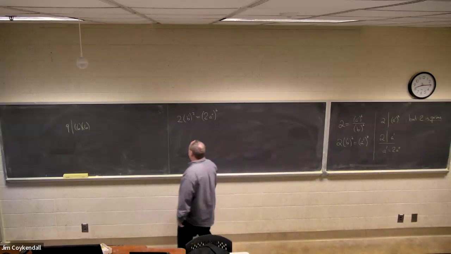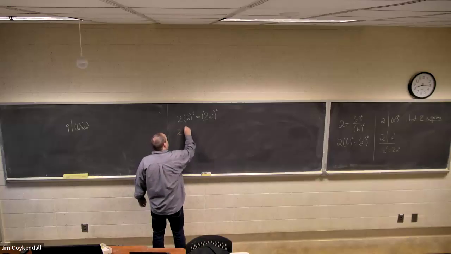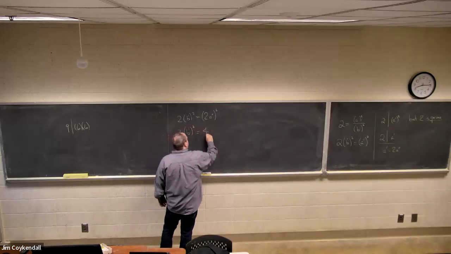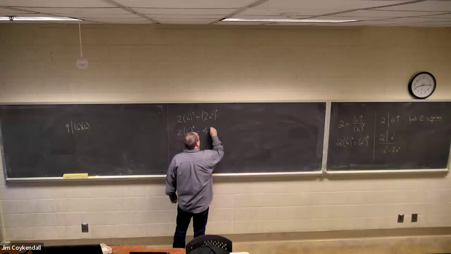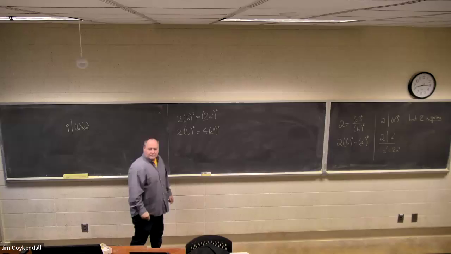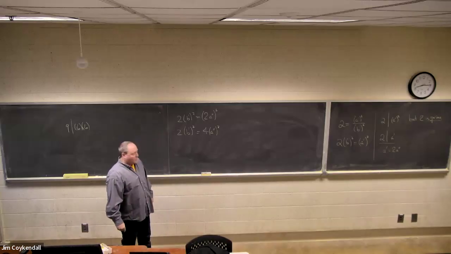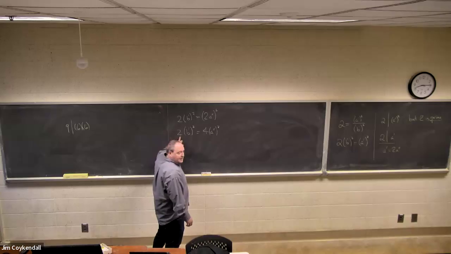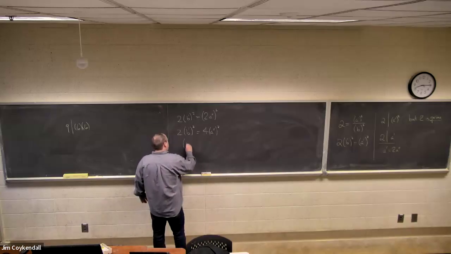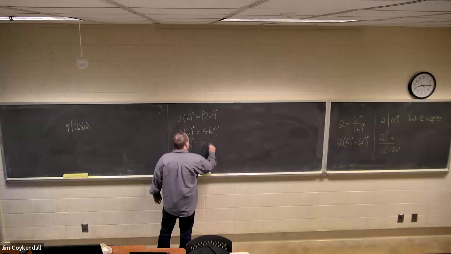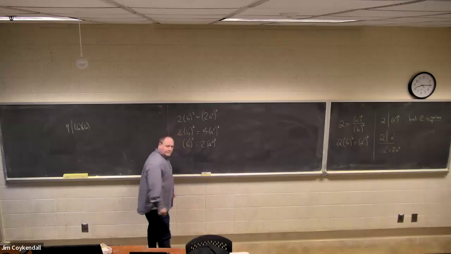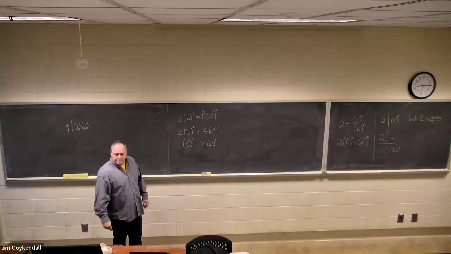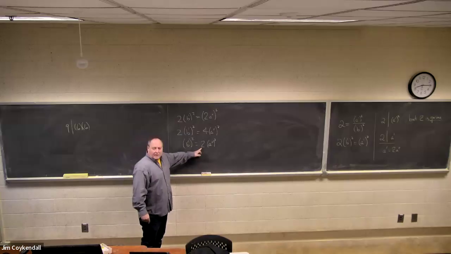Looks like I'm going in circles. Cancel 2 here. Now, this is going to go on and on forever, right? What can I conclude now?